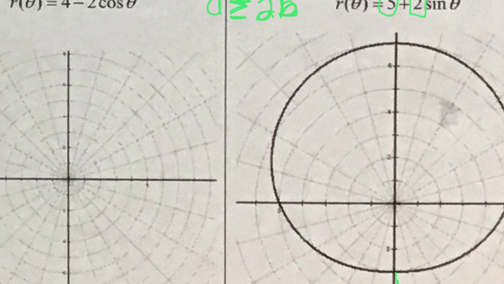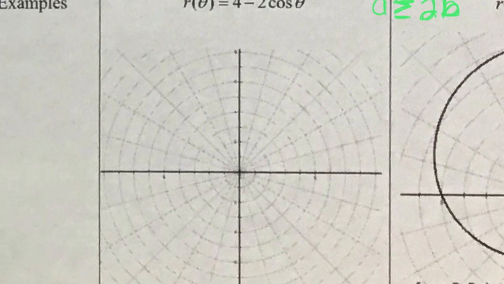So notice right here, it's flat. It does not come to a dimple. It's like you took an orange and you dropped it onto the floor, and now it is no longer round, but it has a flat mark on it. It's a non-dimple limacon.